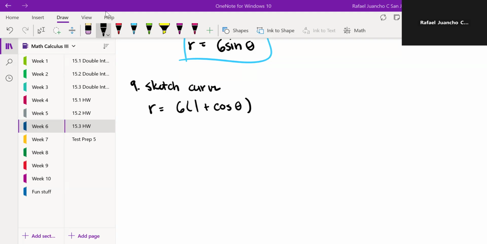Or I just plug in. That's pretty cool. That one's smart. So what he did was he plugged in.